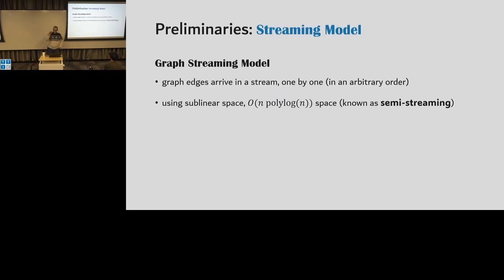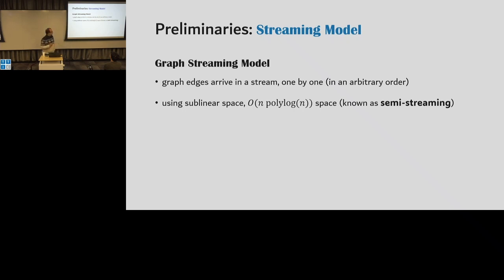Okay, but as I'm going to talk about the streaming variants of this problem, let me first define the streaming model that I'm considering here. I'm looking at the graph streaming model, and in this setting, in general in graph streaming, we assume graph edges arrive in a stream, one by one, in an arbitrary order.